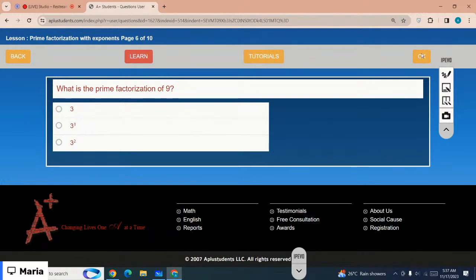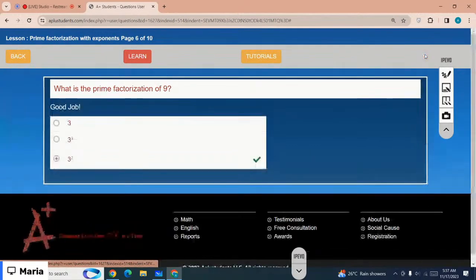That would be 3 square. Option number 3 is the correct option.